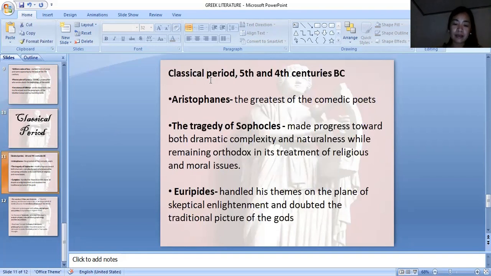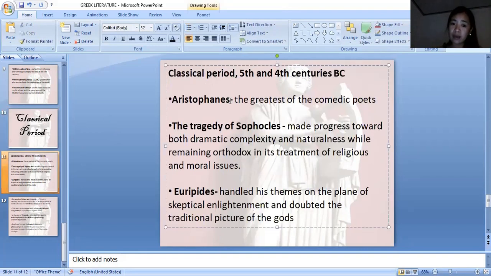Okay? Classical period, we have Aristophanes, the tragedy of Sophocles, Euripides. All right. The greatest of the comedic poets. Okay? The tragedy of Sophocles made progress toward both dramatic complexity and naturalness while remaining orthodox in its treatment of religious and moral issues.